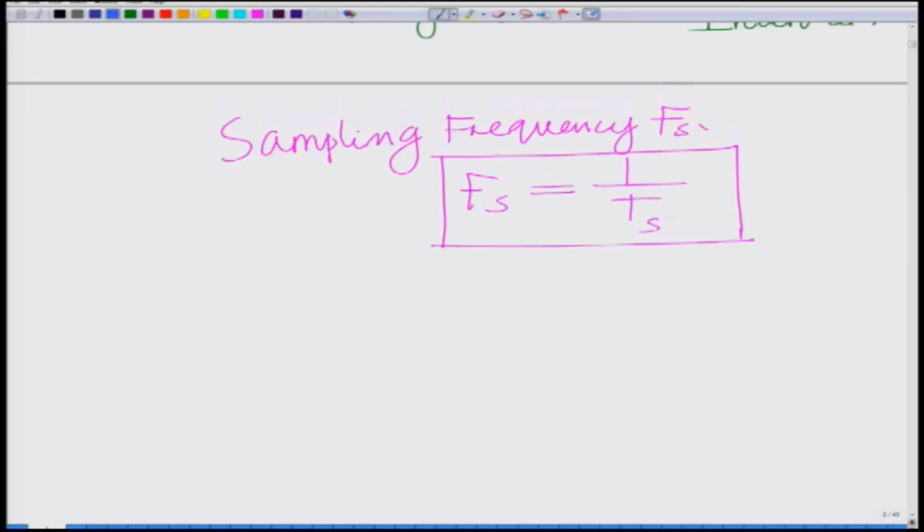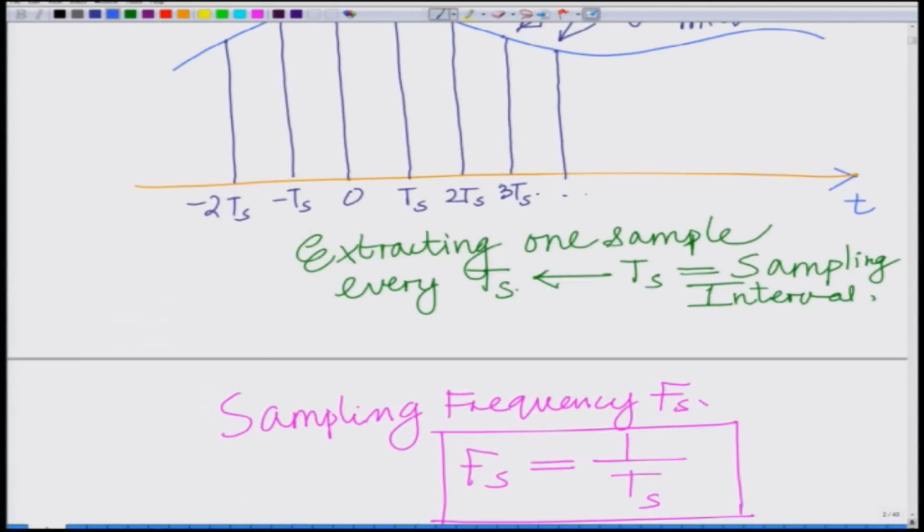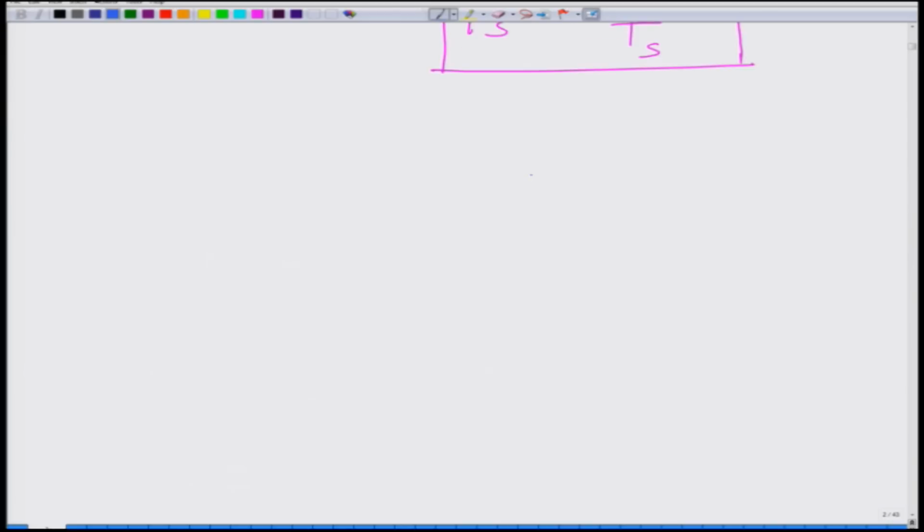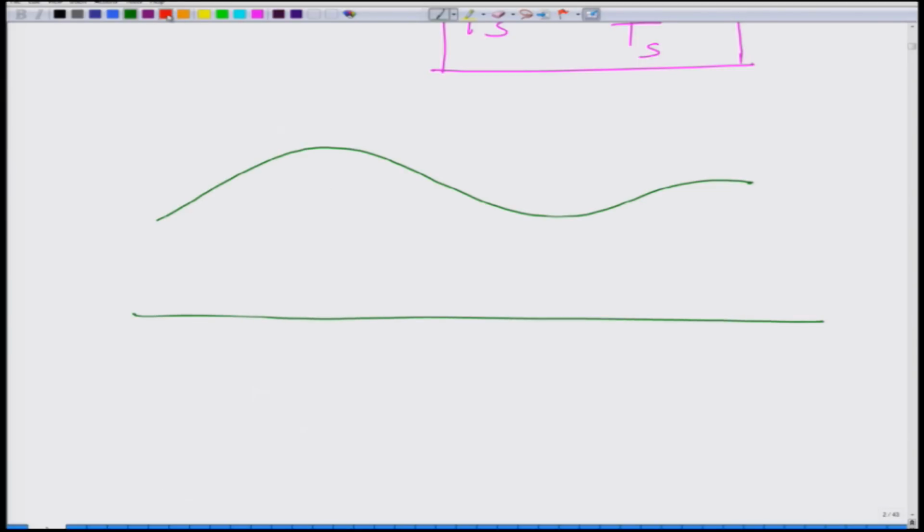And naturally, the sampling process can be represented as follows. I take my signal again, this is my m(t), this is my analog signal.